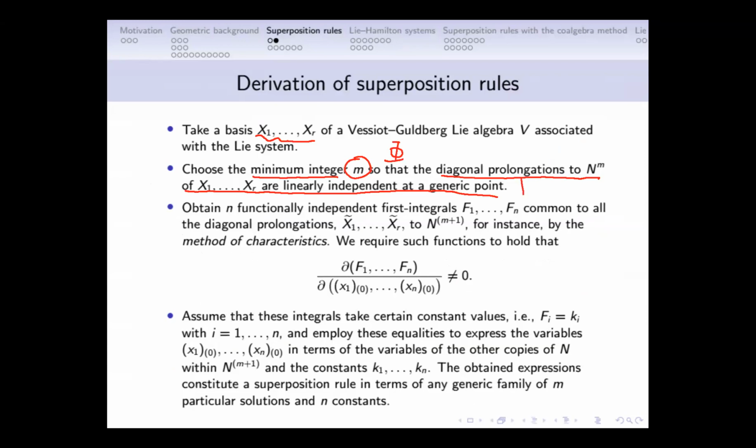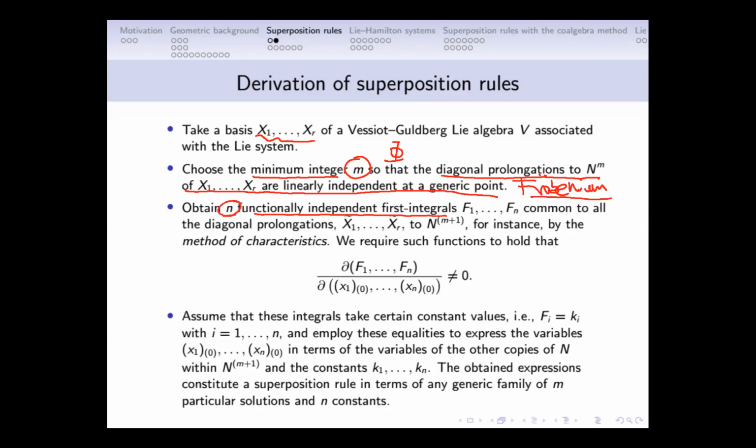Basically, it's what I said, it's the Frobenius theorem. So we have to count dimensions. You have to count that the number of degrees of freedom has to exceed the dimension of the Lie algebra in such a number, at least, that you have as many first integrals as you need. So you obtain n functionally independent first integrals.